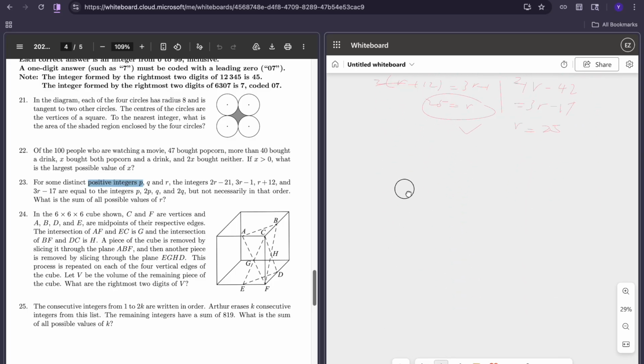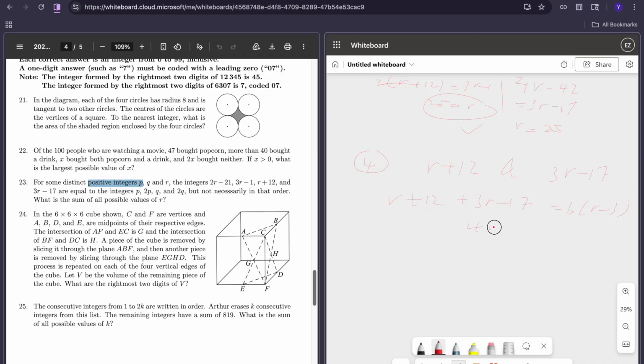So after seeing this, we consider our last big case, case 4, where r plus 12 and 3r minus 17 are considered as the two biggest numbers. So we solve it. So r plus 12 plus 3r minus 17 equals 6r minus 3.